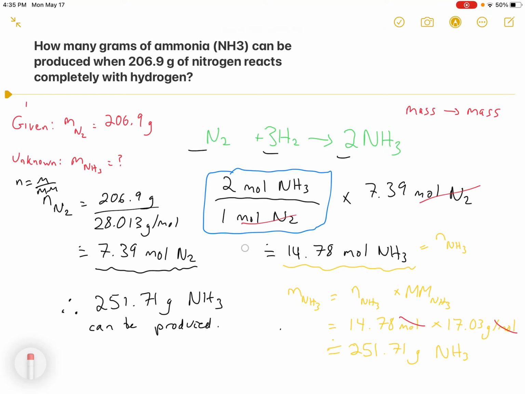From there, we set up an equivalent proportion multiplier to determine what amount of moles of ammonia would be produced based on the moles of nitrogen we put into the reaction. Once we had the moles of ammonia, it was a pretty quick job to determine the mass, and we found a final mass, which ended up being our final answer.